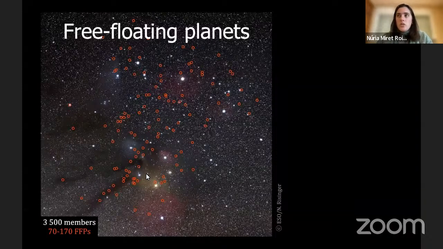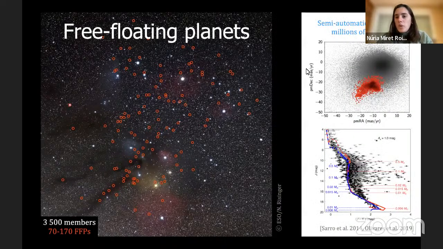And as I was mentioning, to make this discovery, what we did is combine the information on the proper motions and the photometry. So essentially, we look for objects that move together, these red stars in this diagram. So stars, brown dwarfs and free-floating planets that move together and move differently from the majority of field stars, background stars, which have very small motions or random motions around zero.